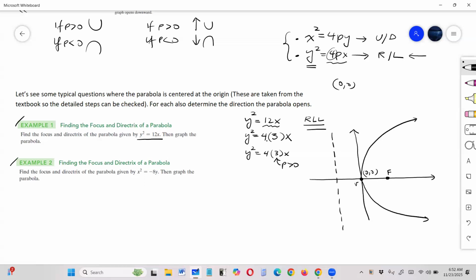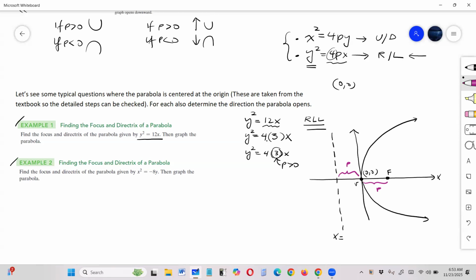Because the directrix is crossing the x-axis, its equation is going to be x equals something. Now, the p-value is 3. So this distance here is p, and this distance here is p.